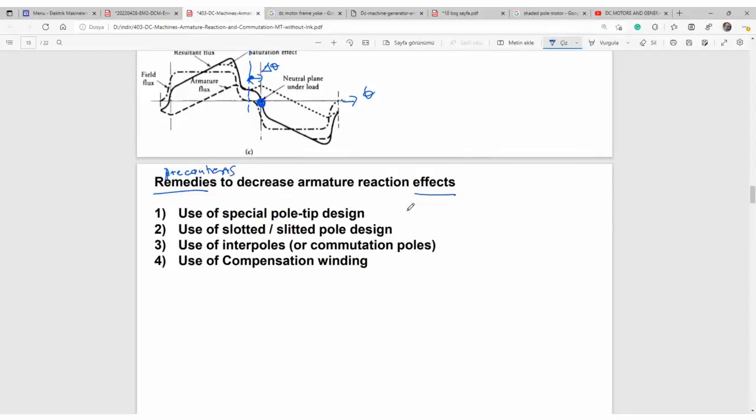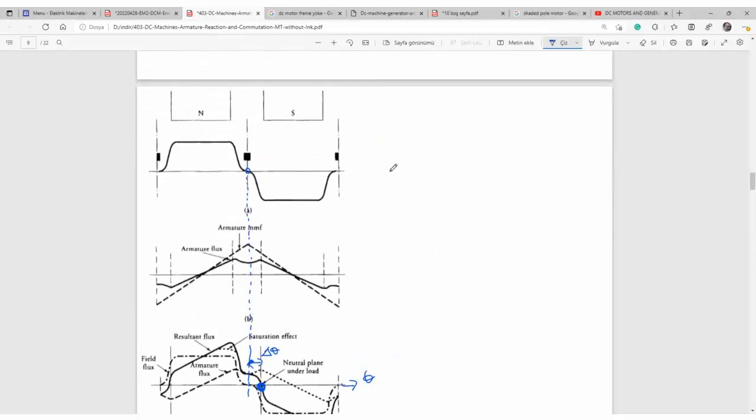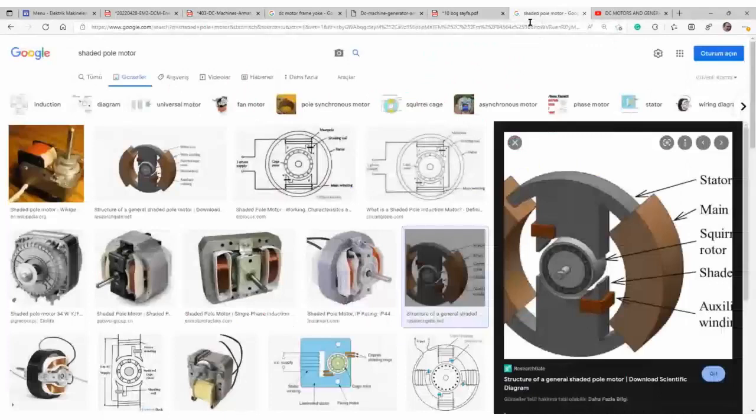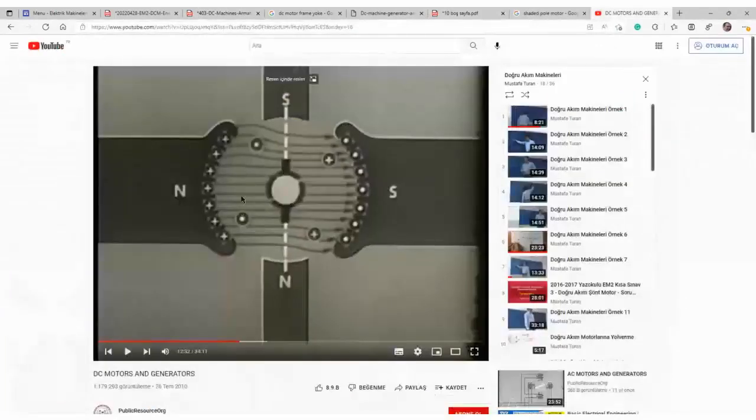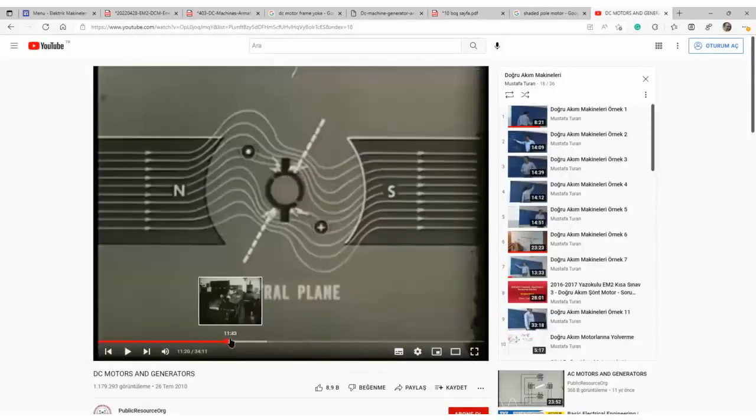Armature reaction caused some magnetic field distortion in poles and in neutral planes. Here you see, in the neutral plane and in poles, there was some distortion. Here's a distortion, here's a distortion. There were two main adverse effects.